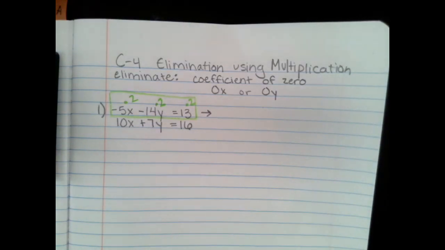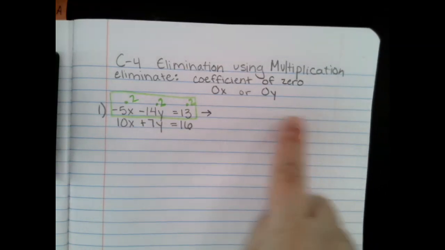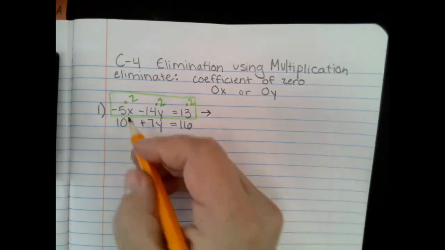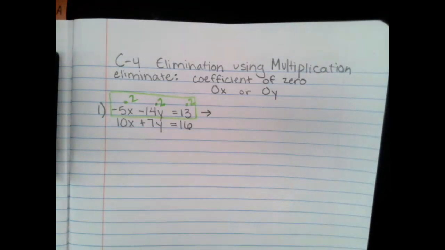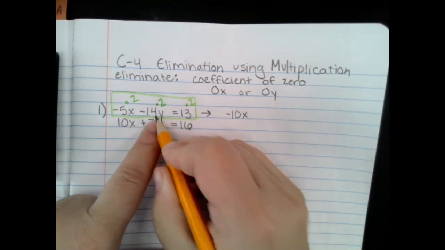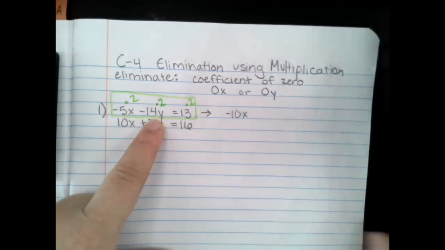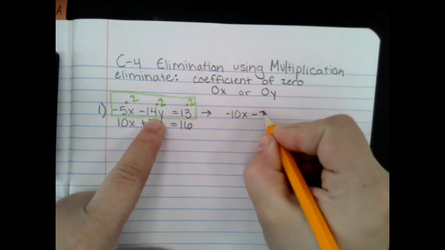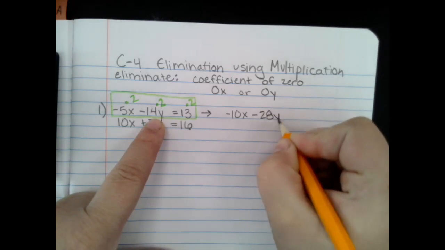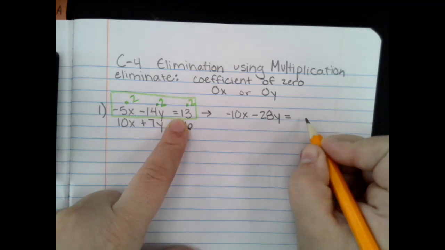So now I'm going to rewrite that. If your colored pencil is sharp enough, you can write in your colored pencil. I'm going to write in pencil and then just shade it in. So what's negative 5 times 2? Negative 10, so negative 10x. Negative 14 times 2. Yeah, whoa, nice. Negative 28y equals, and then 13 times 2, 26.